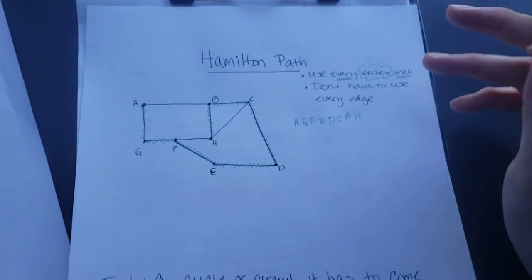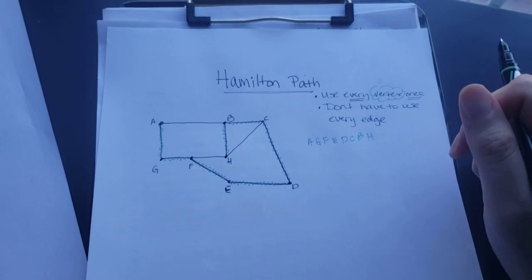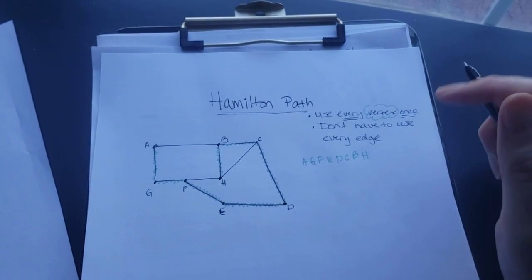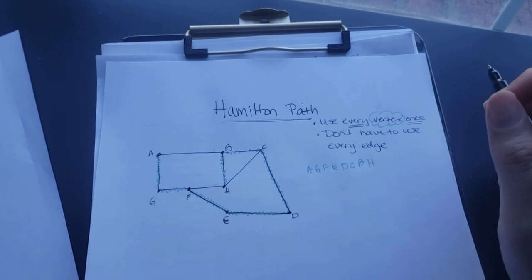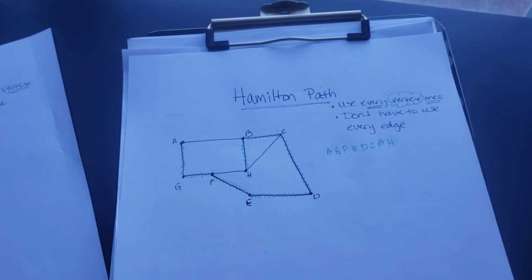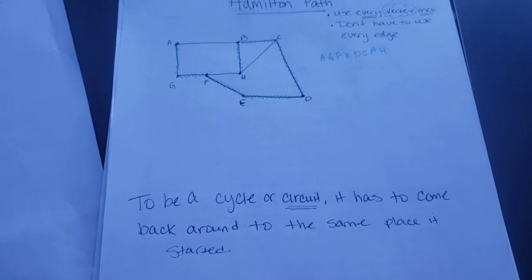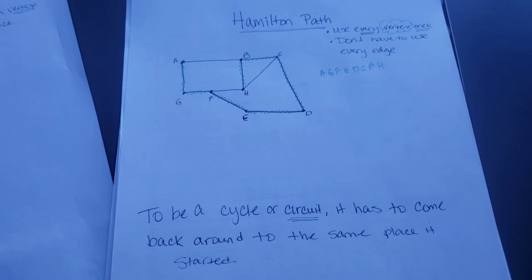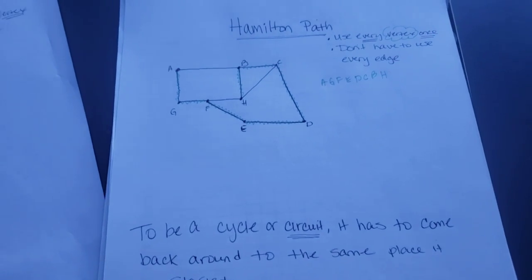Now, unlike Euler paths, there's not a rule that says yes, you'll have a Hamilton path, or no, you won't. You just kind of have to try it. And then to be a circuit, which also sometimes is called a cycle, it just has to come back around and start at the same place that it ended.